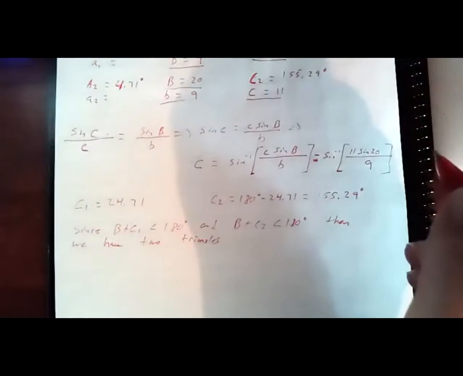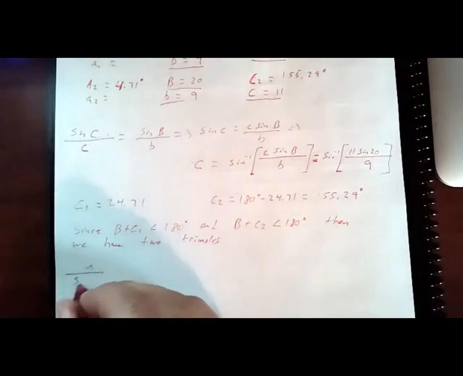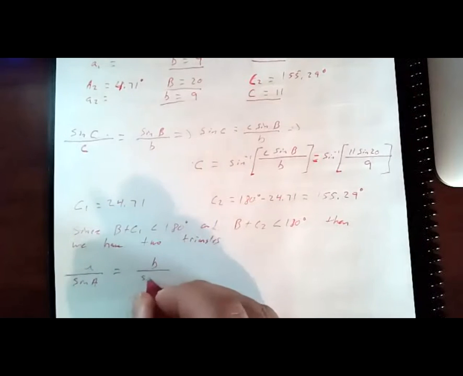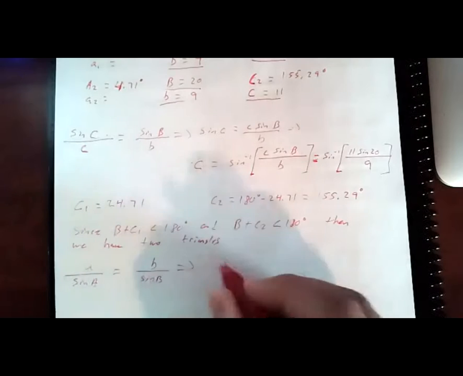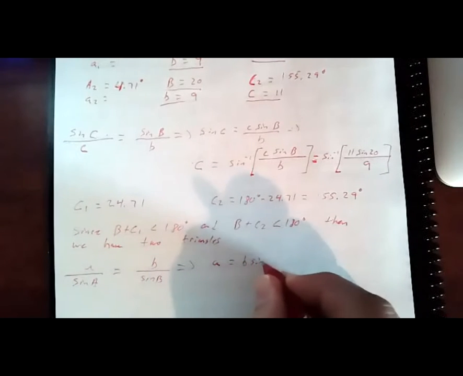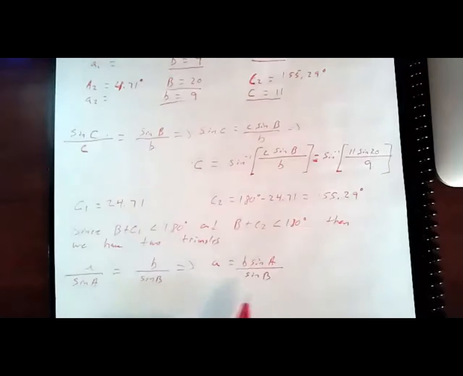It's going to be the exact same formula: a over sine A equals b over sine B. Solving for a, we get a equals b sine A over sine B. So all we have to change is the A. That will give us two different a's.